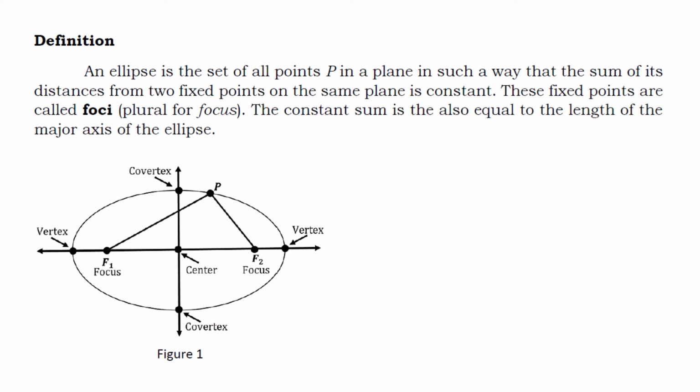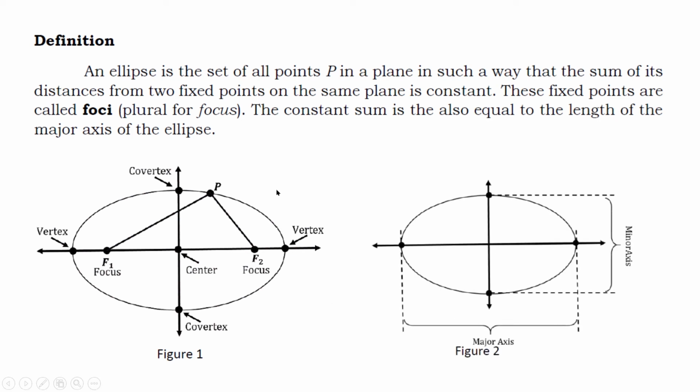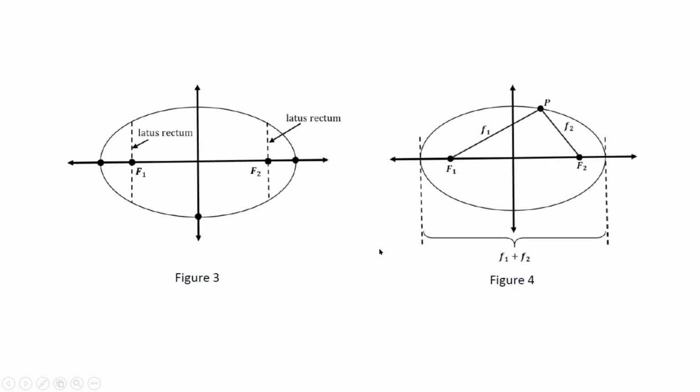Here we have an illustration of the different parts of the ellipse. We have the focus, the center, the vertex, and the co-vertex. We also have the minor axis and the major axis. Another part is the latus rectum.